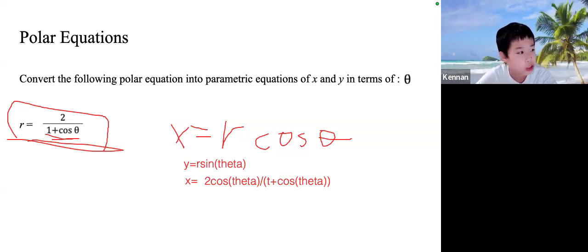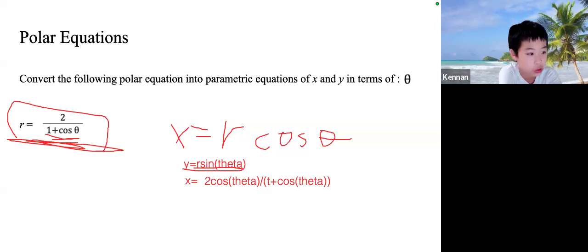And similarly, we can also plug in the expression of r into y. So y also equals 2 sine of theta over 1 plus cosine of theta.